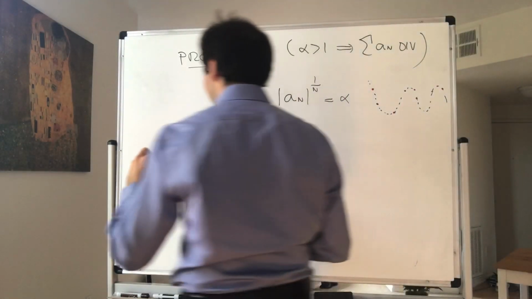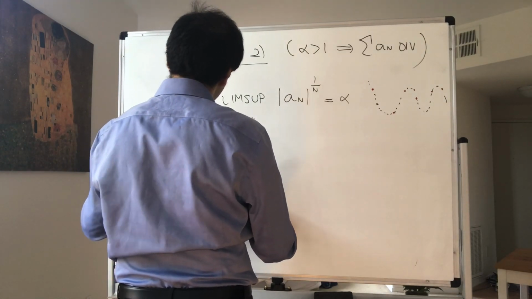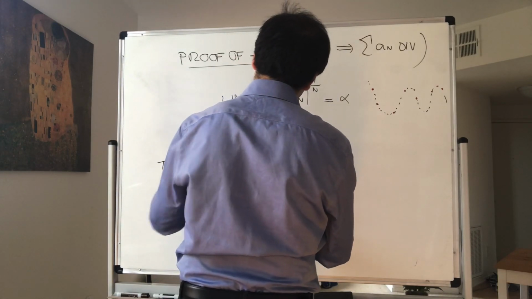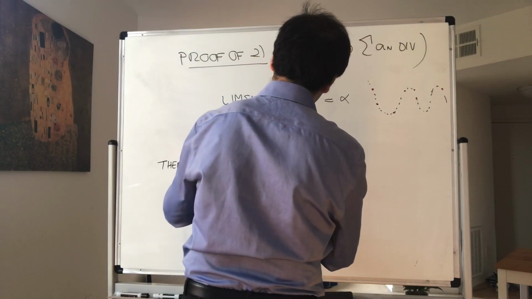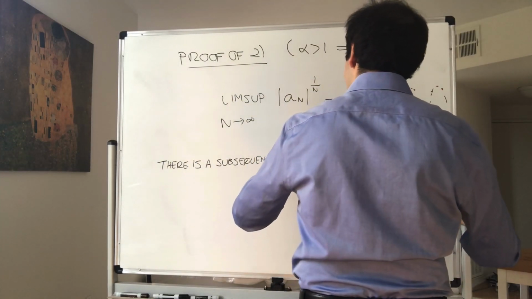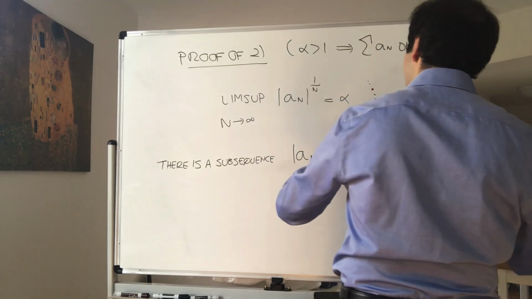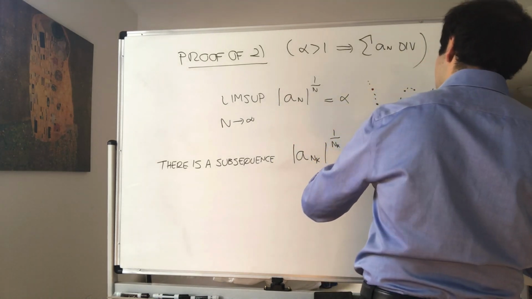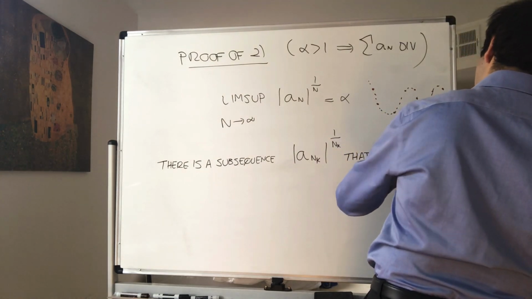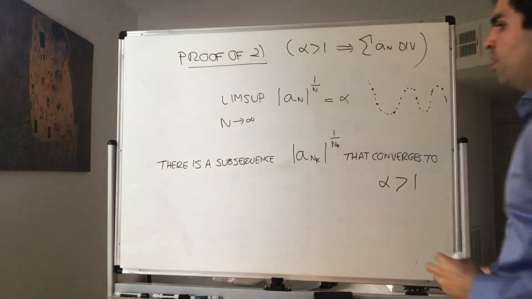So from section 11, we know that there is a subsequence, let's call it a sub nk to the 1 over nk, that converges to alpha, which I'd like to remind you is bigger than 1.